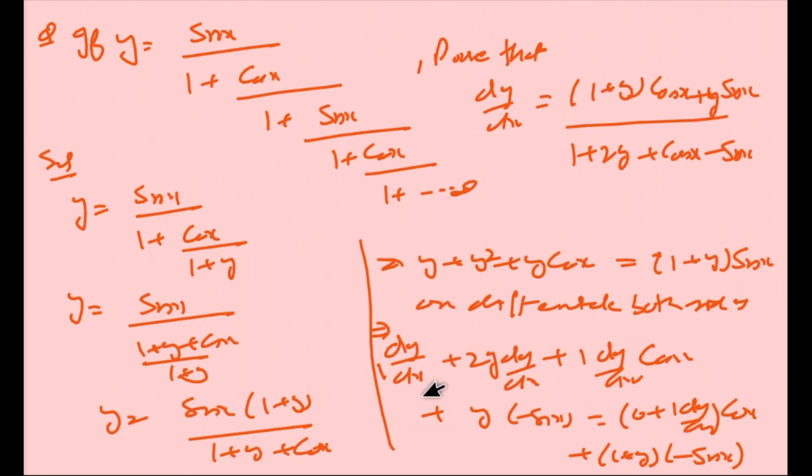Again we can check: dy by dx plus 2y dy by dx plus 1 into dy by dx cos x, and minus y sin x. Okay, 0 plus 1 dy by dx into cos x, no, sin x.